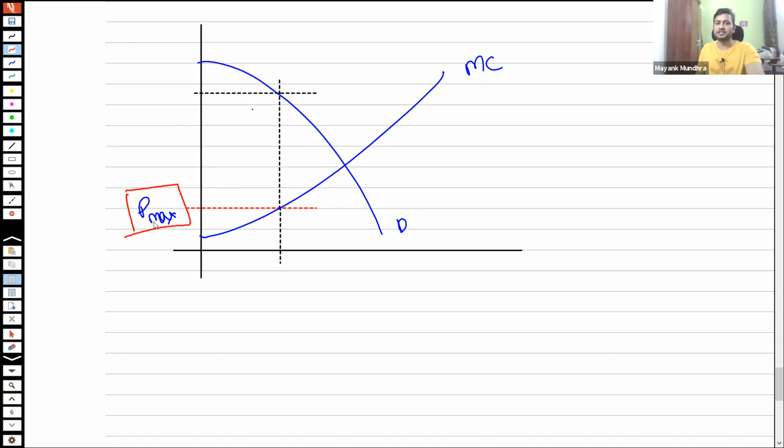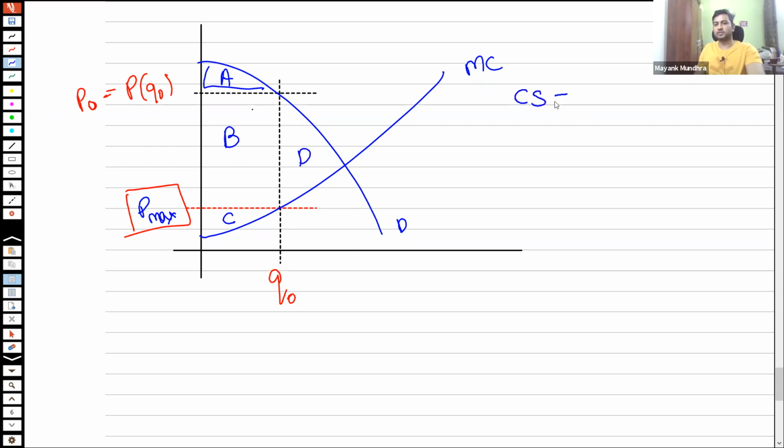The actual market price is P max, at which a quantity Q naught is being supplied. The clearing price for Q naught is, let's say, P. Now suppose the areas are, this area is A, this rectangle is B, this is C, this is D.